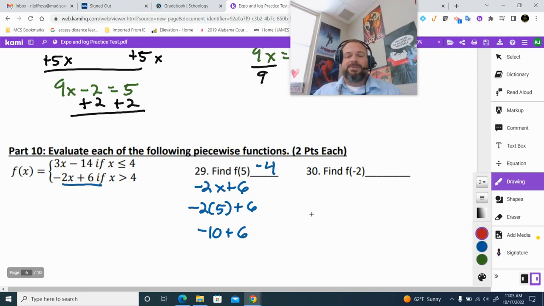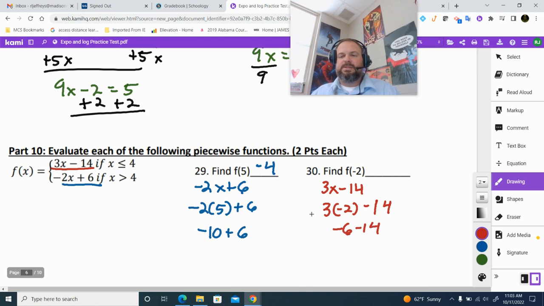Negative 2 is less than, so I would use this one. -6 minus 14, so this is -20. Now, here's what's crazy. We're almost done going over this practice test, and we started maybe 20 minutes ago. And that's just going over it. This is more problems than the actual test.